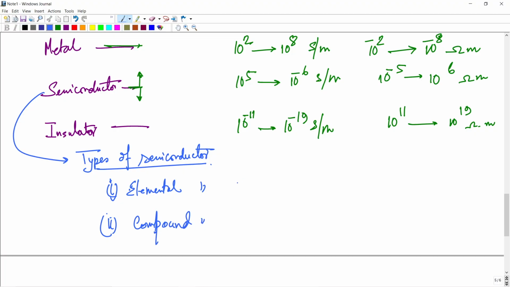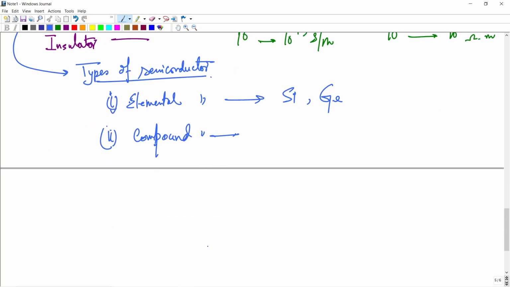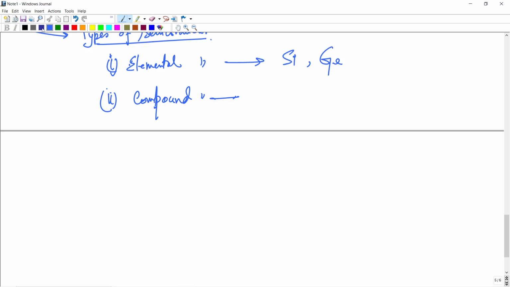Elemental semiconductors are like silicon and germanium. The compound semiconductor has three categories: inorganic, organic, and organic polymer. That's very important. So the compound semiconductor has three parts. First is the inorganic semiconductor.